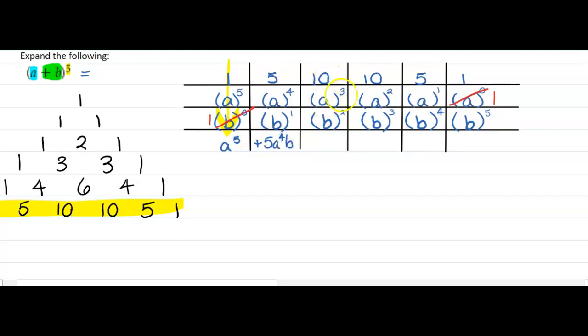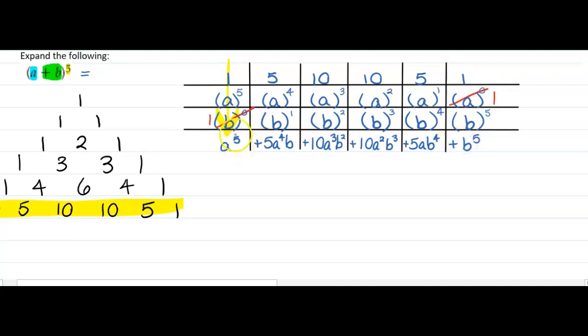Next I have 10 a to the 3rd b squared. Then 10 a squared b cubed. 5a to the 1st b to the 4th. And finally 1 times b to the 5th.